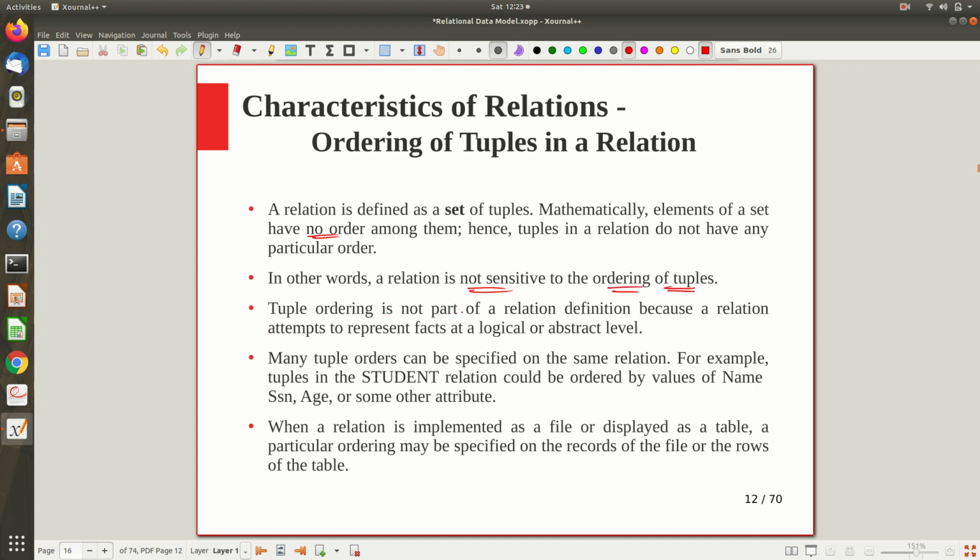So, tuple ordering is not part of the relation definition, because the relation attempts to represent the facts at a logical level. But many tuple orders can be specified on the same relation, depending on the requirement of the user. If needed, you can give a tuple ordering, right? For example, the tuples in the student relation can be ordered by name, so the elements will be stored with respect to some ordering of the name, by default increasing order.